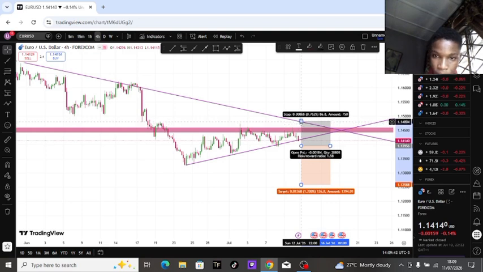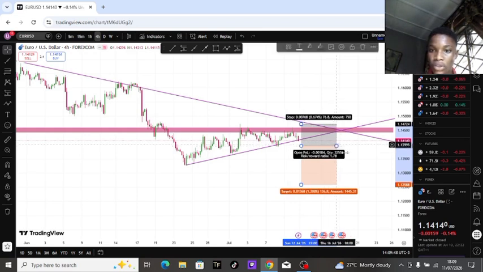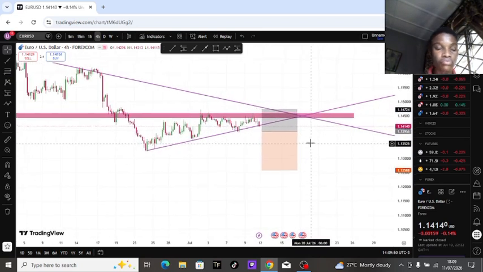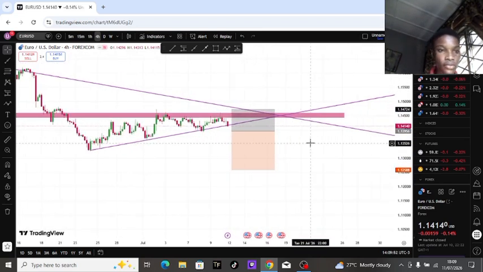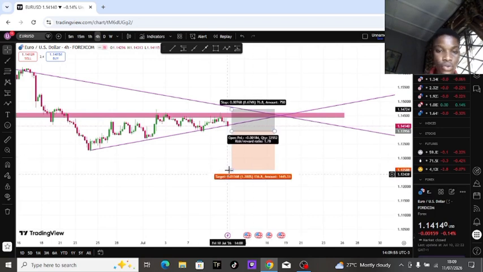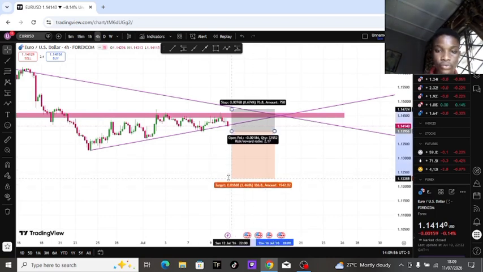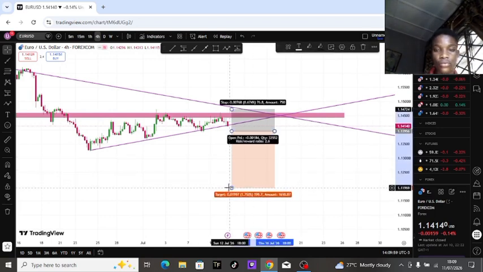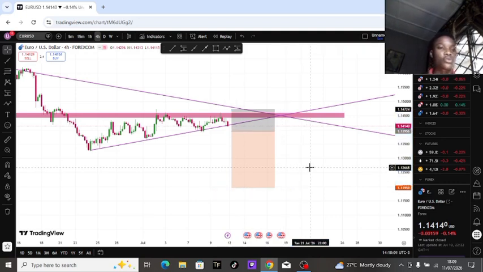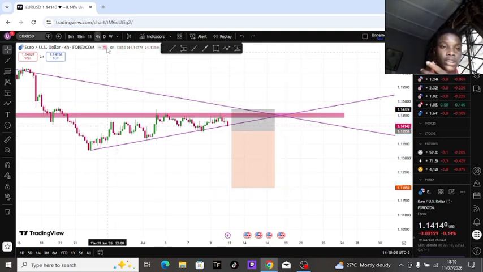Yeah, the stop loss is pretty big, but don't worry, I'm just trading with little capital, so what do you expect? 1 to 2.6, pretty cool. And this might take maybe 2 days. Yeah, I think 2 days.